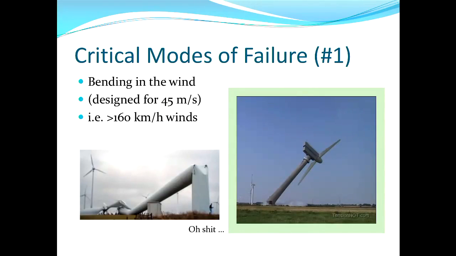It's known that these things can fail when the wind conditions get too strong. So you really want to avoid this oh shit moment where this beautiful structure that you've given birth to just cracks and falls to the ground. The prill tower was designed for cyclonic conditions, wind speeds of greater than 160 kilometres per hour, to avoid that mode of failure.